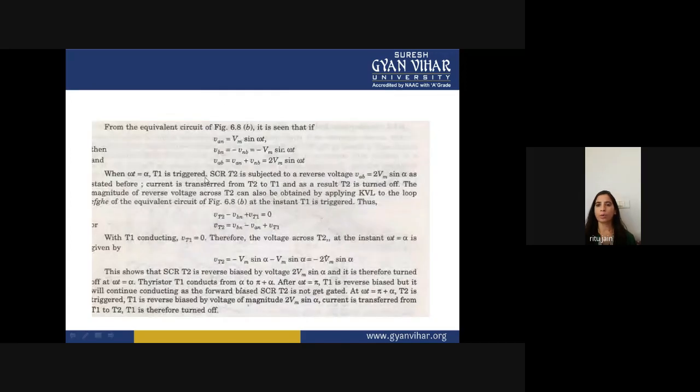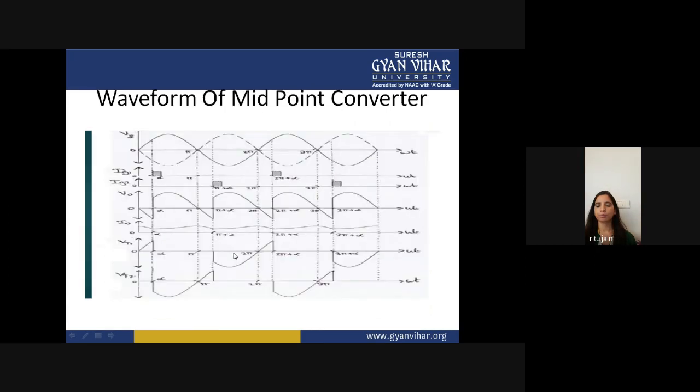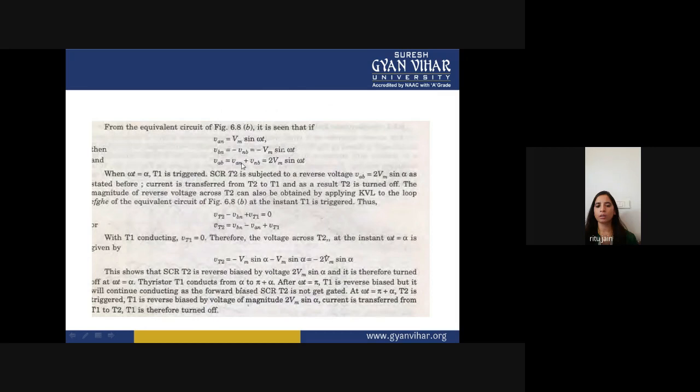Now these are very important equations for this midpoint type converter. Suppose this is your point A and this is your end point, this is your B. The voltage across these two points is called VAN. The voltage across these points is called VBN. So from this equation, you can see that VAN is equal to Vm sine omega t and VBN is equal to minus Vm sine omega t.